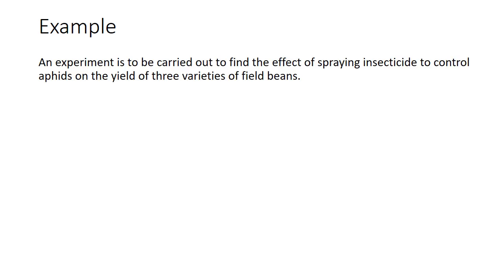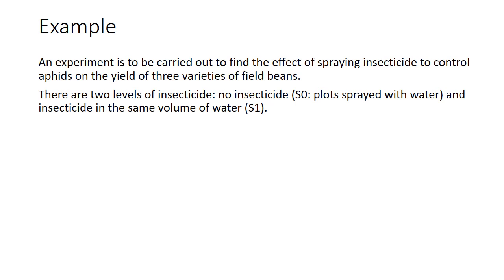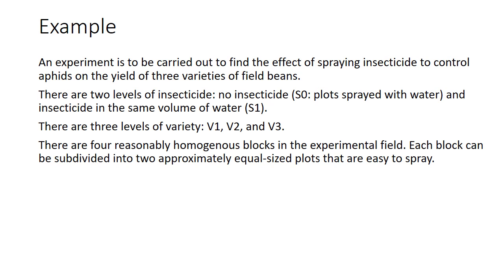Let's see an example. It is a split plot experiment with RCBD. The main plot is insecticide sprays because insecticide spray requires a large area. The subplot is the three varieties.